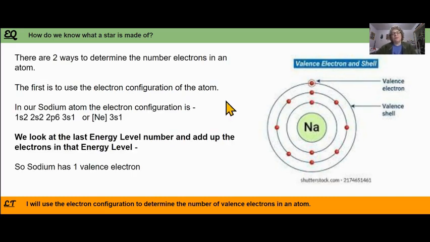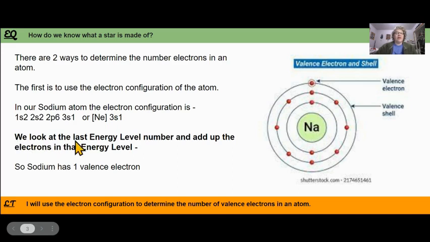There are 2 ways to determine the number of valence electrons in an atom. The first way is to use the electron configuration that we just learned, right? So we have a sodium atom, and in our sodium atom, the electron configuration is 1s2, 2s2, 2p6, and 3s1. Or we could put neon, Ne, and then 3s1.